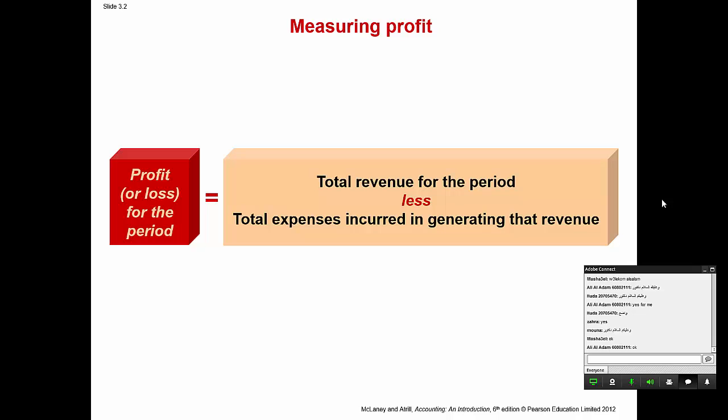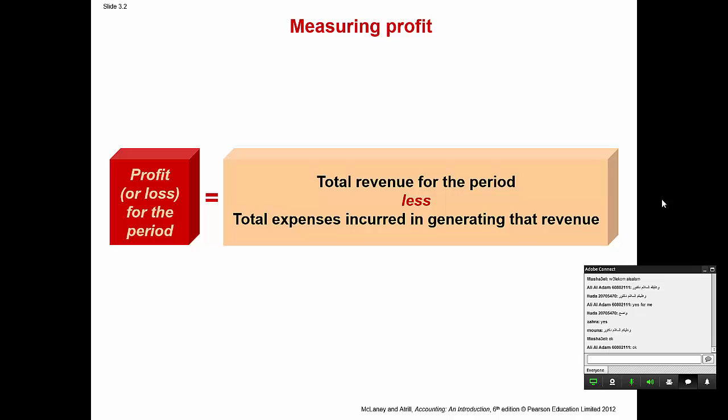That means we are talking, for example, about a month or a quarter or sometimes a year. It's based on the policies and procedures that are followed in the organization.